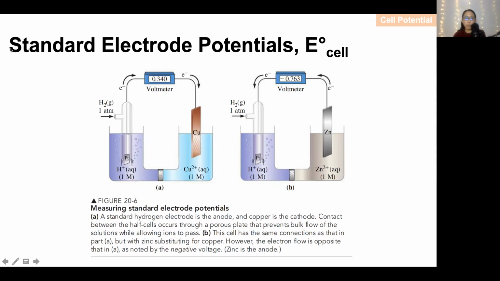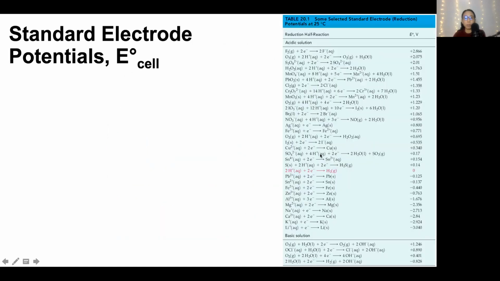So we can actually make a list of our standard reduction potentials for any half cell that you can think of. You just need to partner it with your SHE, measure the cell potential, and that value is the standard reduction potential of your cathode.